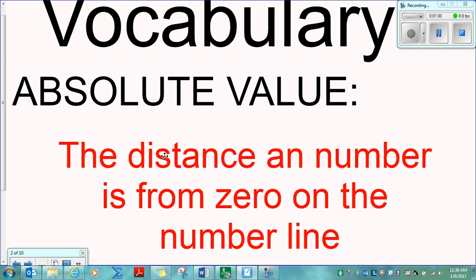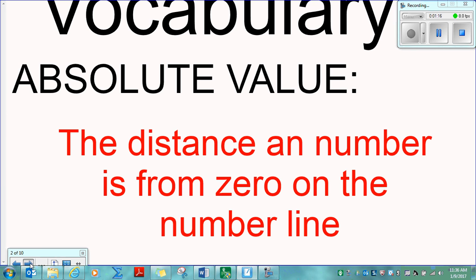So 3 is in front of it, and its absolute value is 3 because it's 3 units away from 0. Negative 3 is behind it, though. It is also 3 units away. That's why its absolute value is also 3. Okay? Just keep that in mind.